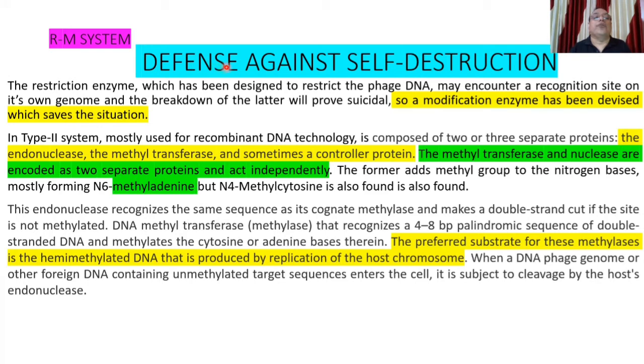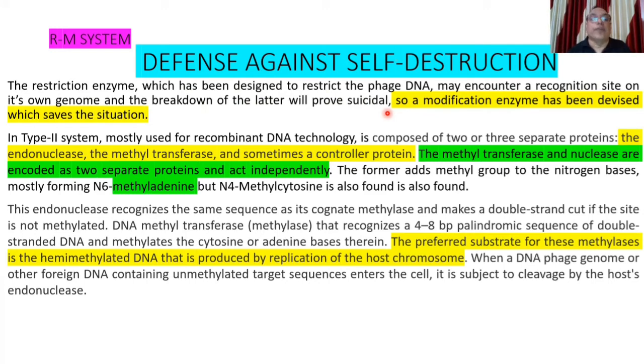Restriction enzymes designed to restrict the bacteriophages may encounter a restriction site on their own genome, and the breakdown of the latter will prove suicidal. It will lead to the breaking down of its own genome, so it will be counterproductive.